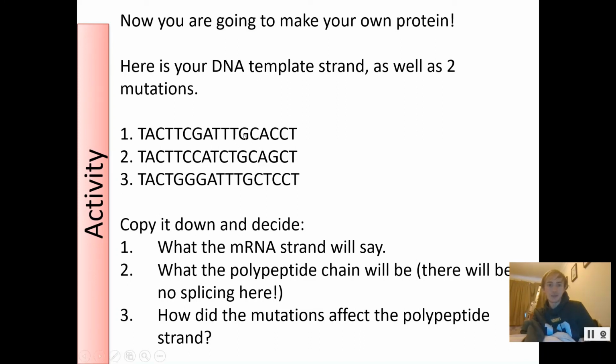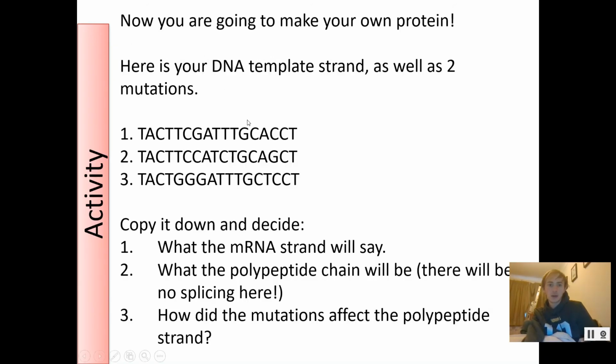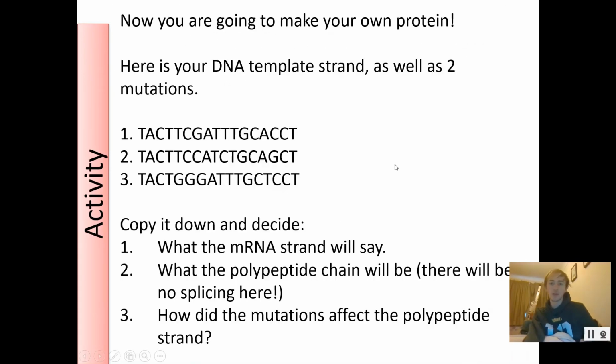AAC, which would be ASN or asparagine, and then CAC, or in this case we would go for GUG, because of course it has to be complementary, and GUG is valine, VAL. And then the last 2 will be almost leftovers.